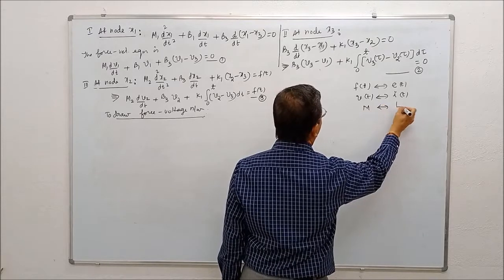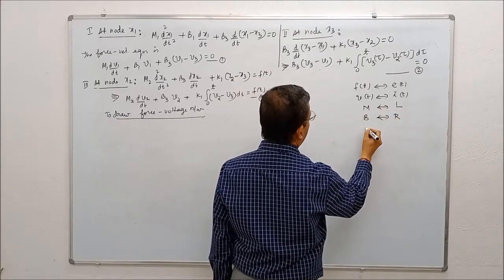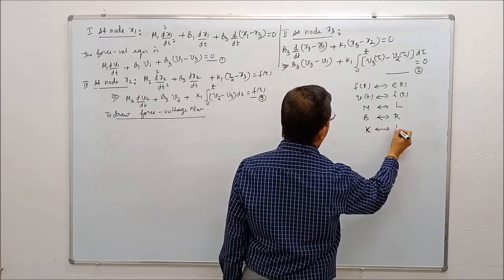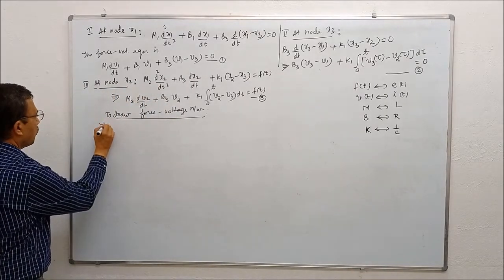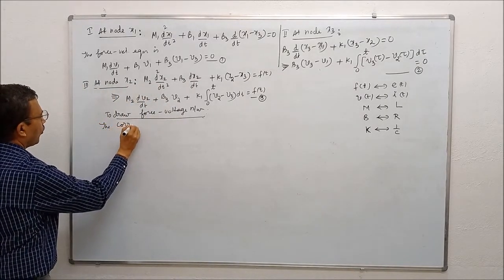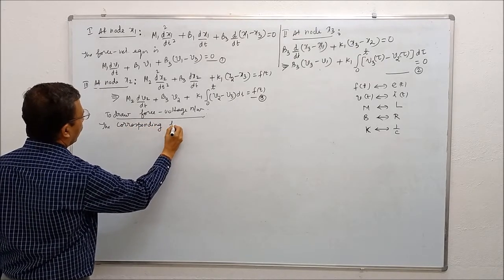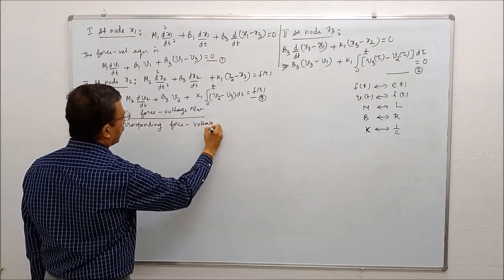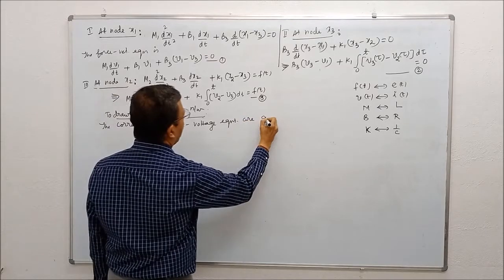M is equivalent to L. B is equivalent to R. And K is equivalent to 1 by C. The corresponding force voltage equations are given below.